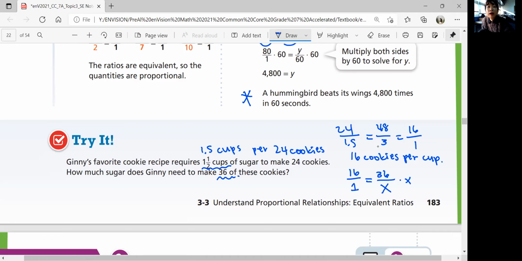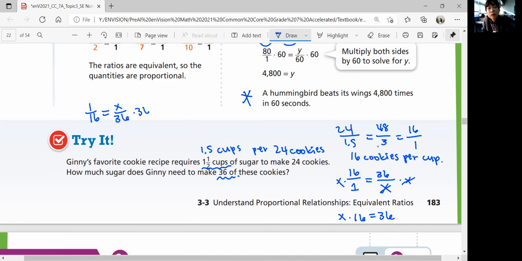So we're going to multiply by x on both sides, and we have x times 16 is equal to 36, okay? Or you can rewrite this proportion in their reciprocals, if that's easier. You can say 1/16 is equal to x/36.